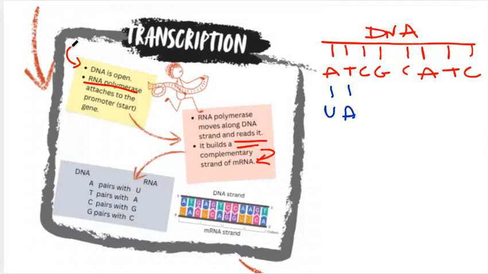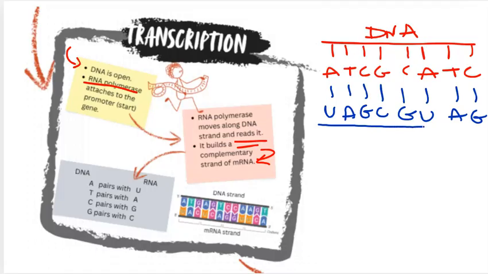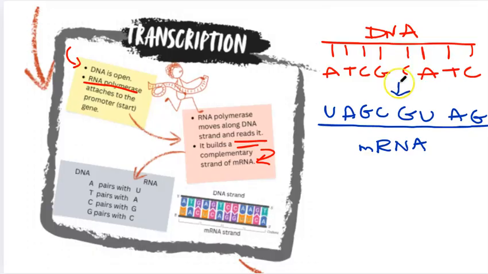A T matches with an A, matches with a G, C, G, U, A, and G. And now this is the RNA in the form of messenger RNA. So it literally goes in and it makes its own thing. It goes and creates a new language, a new code.